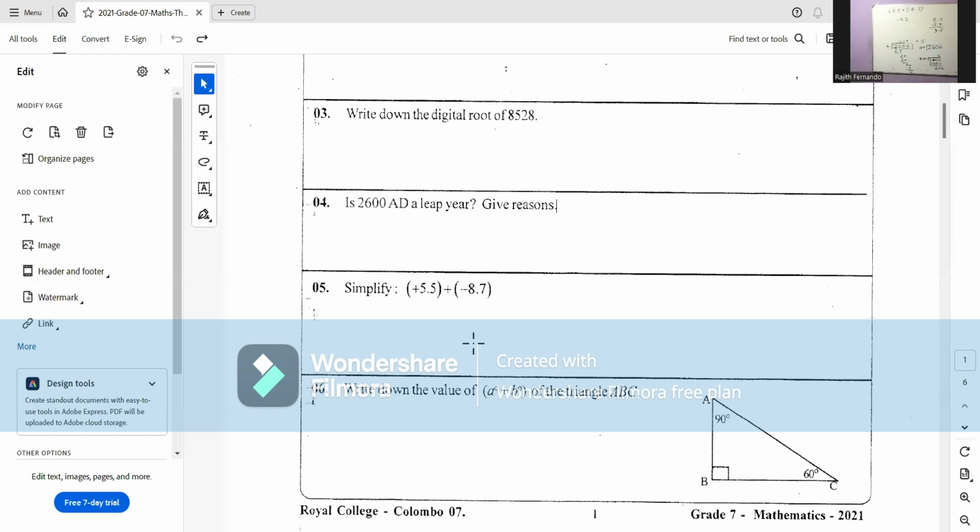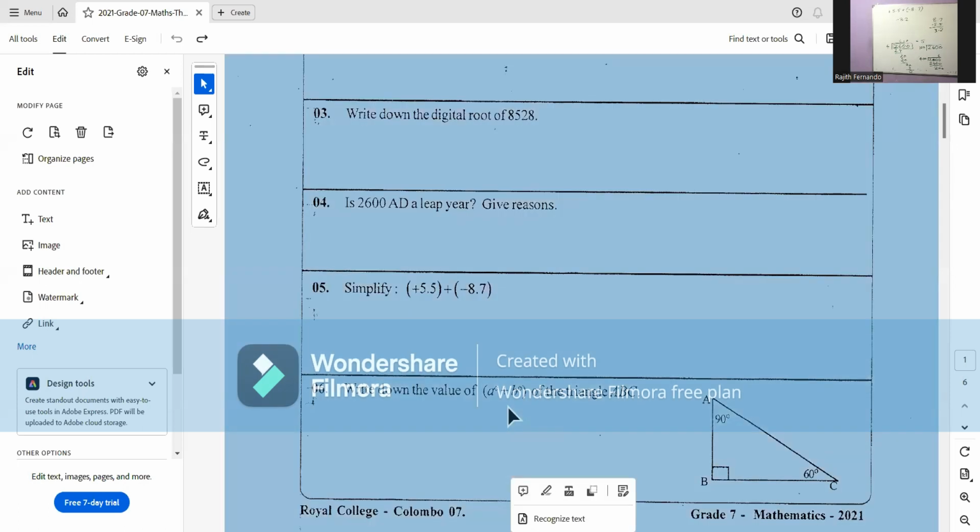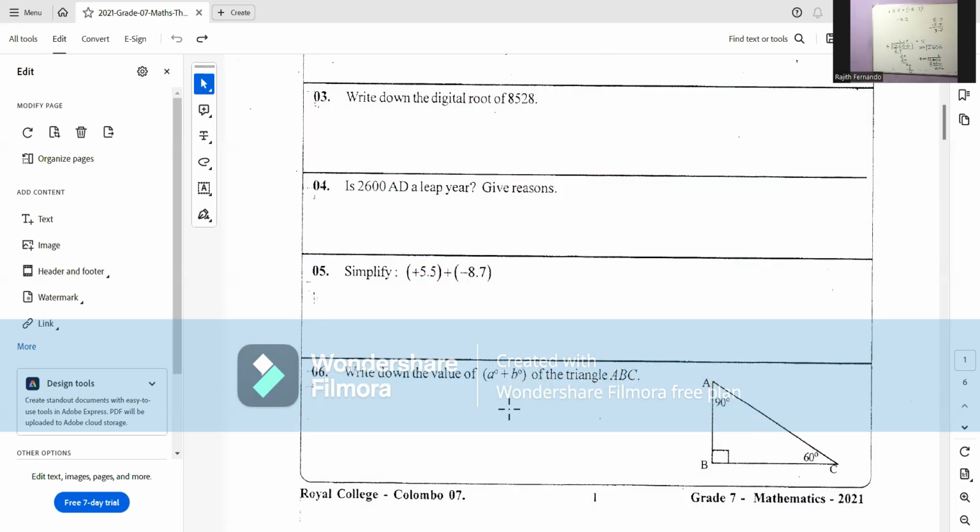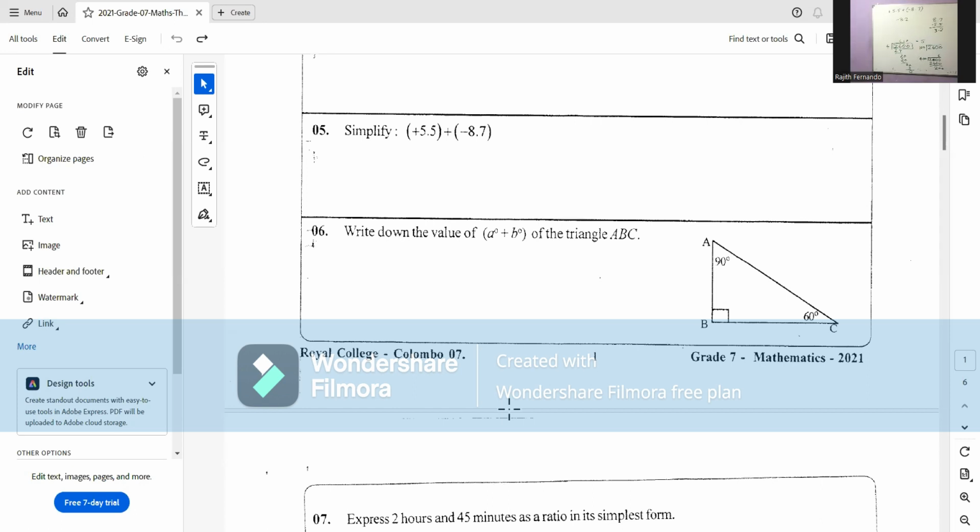Then in question number 6, the question itself in the paper has an error. I will correct it, then you can get the correct answer. They have given some value, but again asked for the value, which is not right.